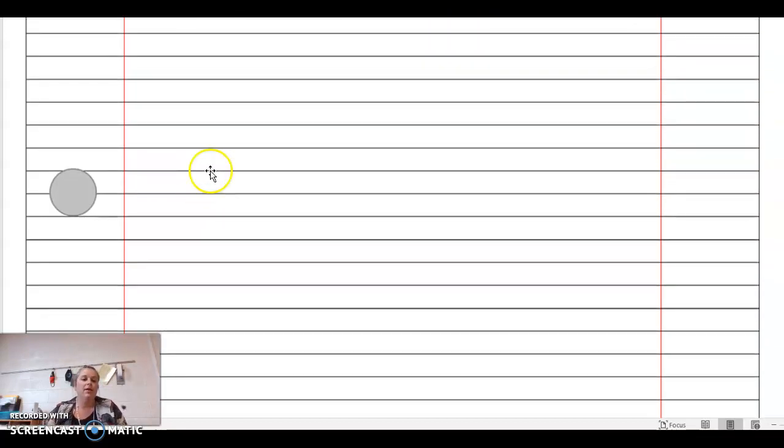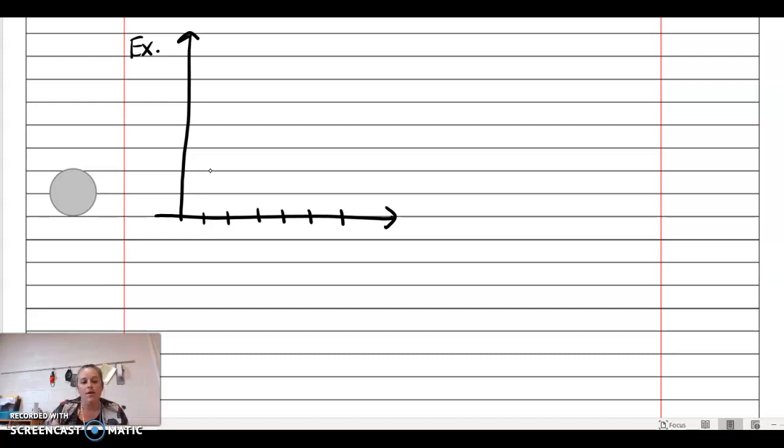All right, let's look at a graph where we're decreasing. Go by 2's on the x. Let's go by 5's on the y.